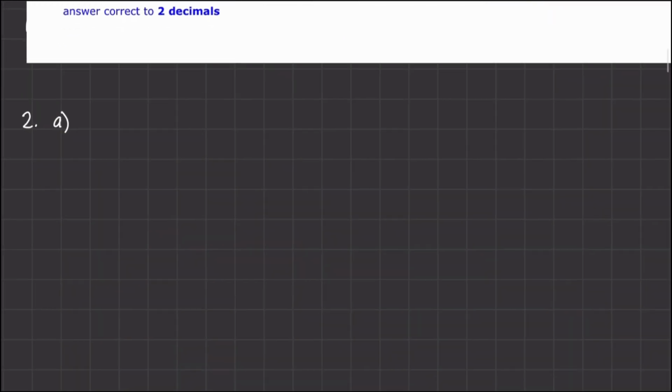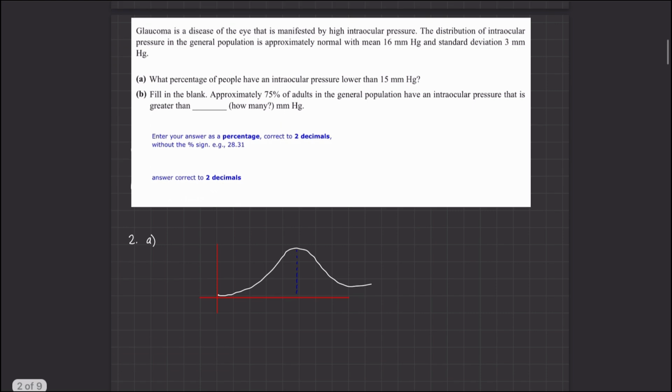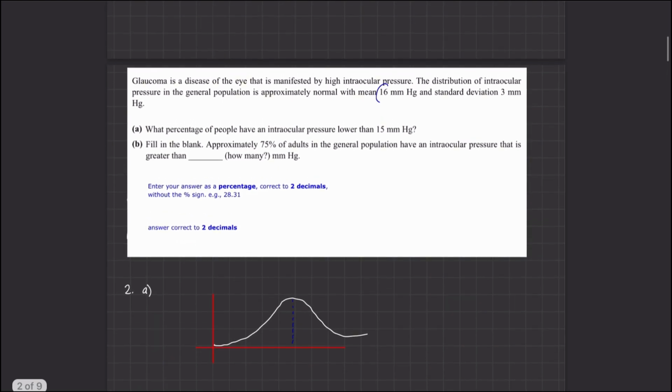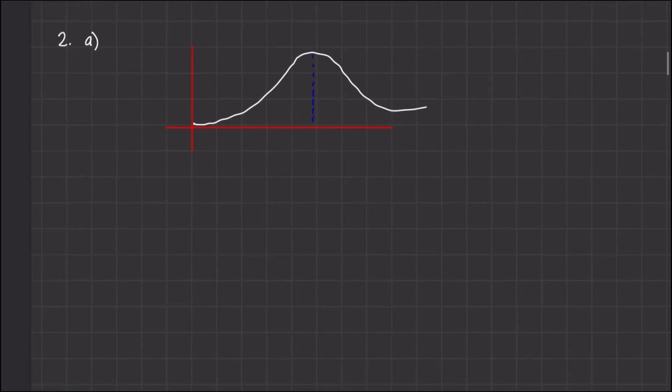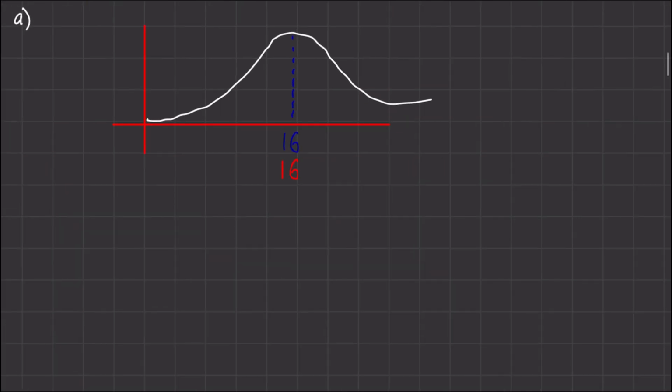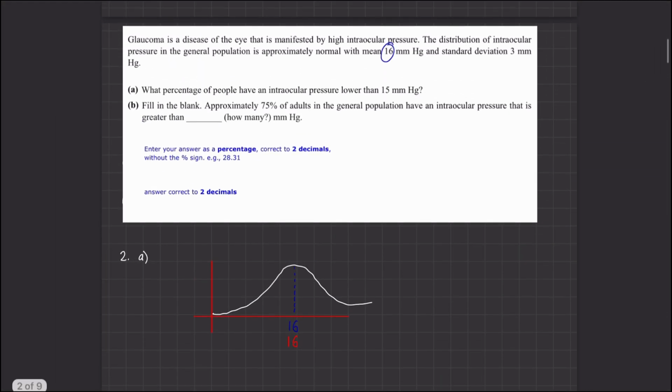So, for this question, we can use applications of normal distributions. First, I will start by drawing a graph of this distribution. So what we're looking at is something that looks like this, with our middle, or our mean from the question, being 16, and our standard deviation of 3.